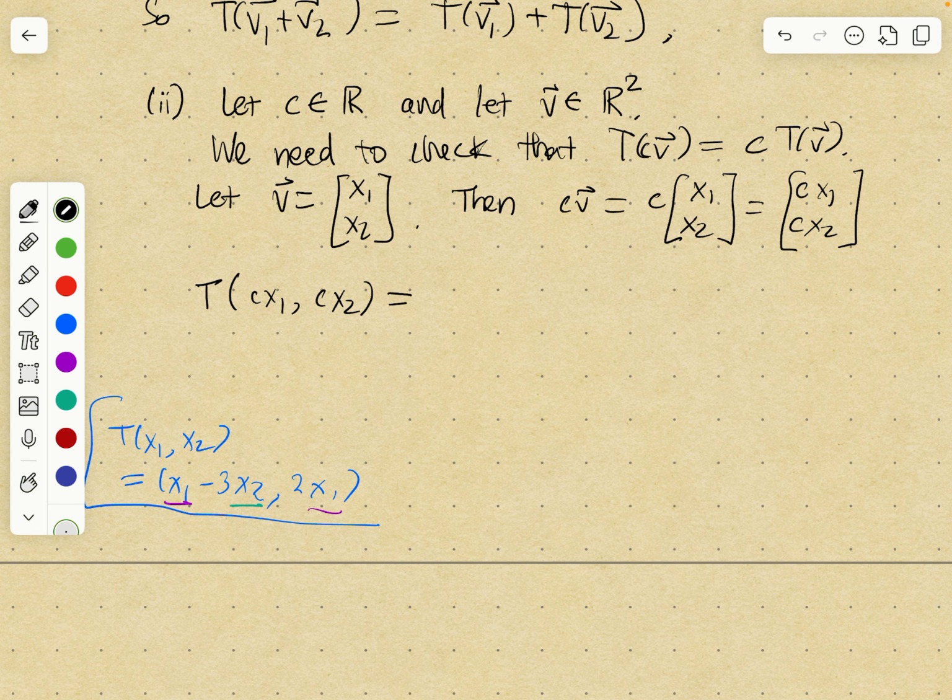So my input has first component Cx1 and Cx2. It'll probably be a good idea if you pause the video and write down what you get and then check the answer.